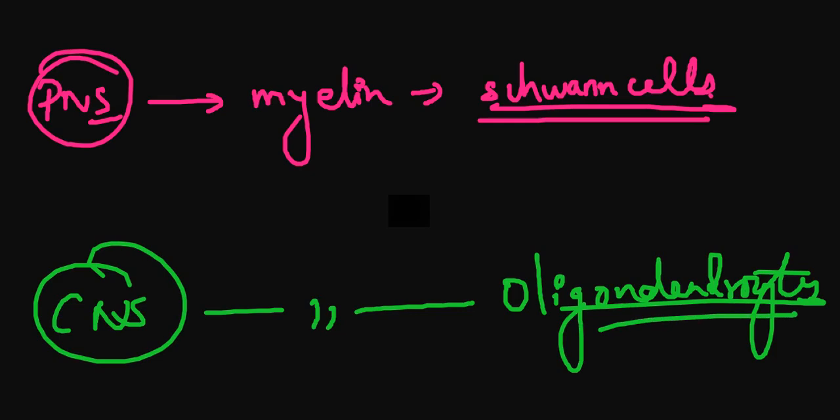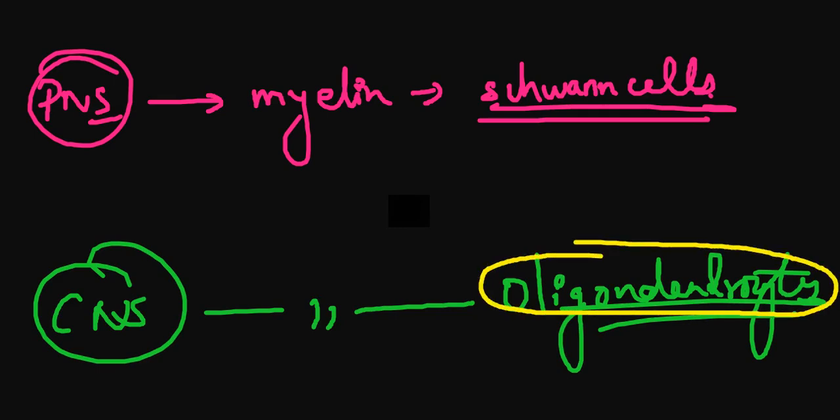Now, as you know, the brain and spinal cord are the most important areas of your complete body. If there is any damage to the brain, it is less likely to recover. If there is any damage to your spinal cord, it is less likely to recover. Agreed? Fair enough? So why is that? Because oligodendrocytes make the myelin in the CNS, and once it is damaged, it is not efficient at recovering.